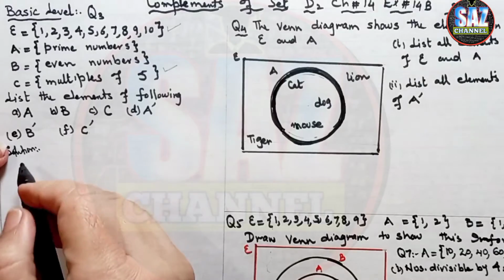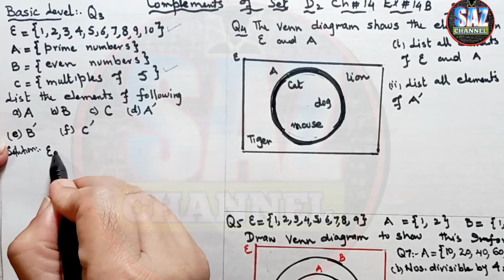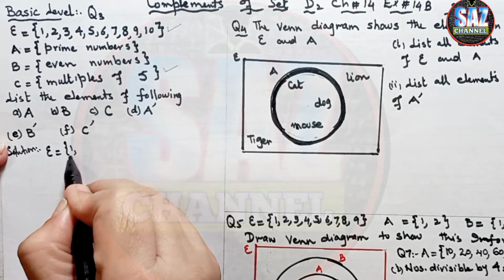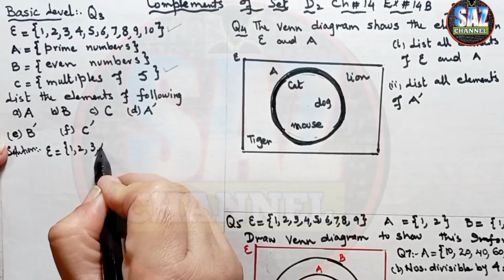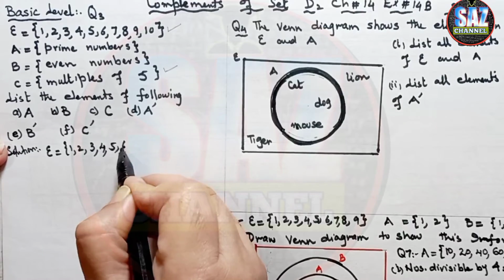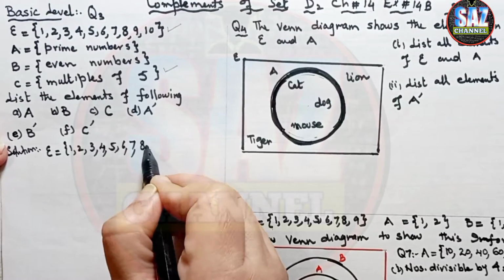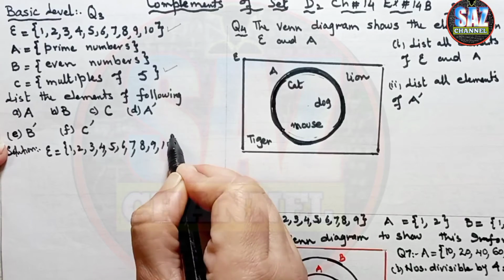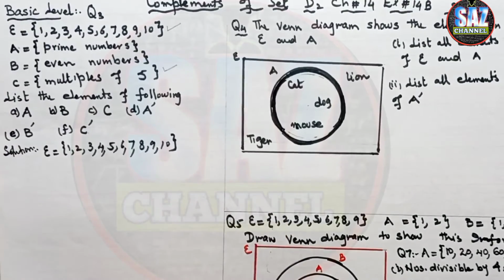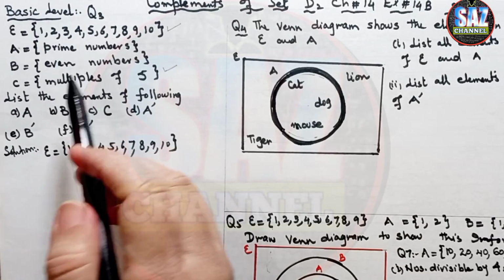Here the universal is containing the elements 1 to 10. Really easy questions. You should have just command on the basic concept of numbers and their properties.